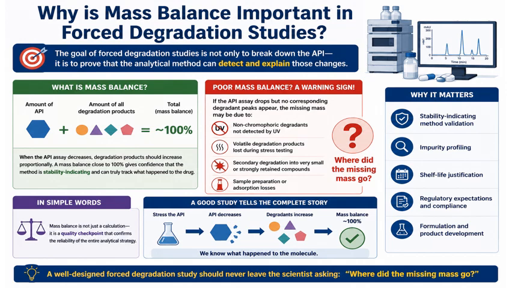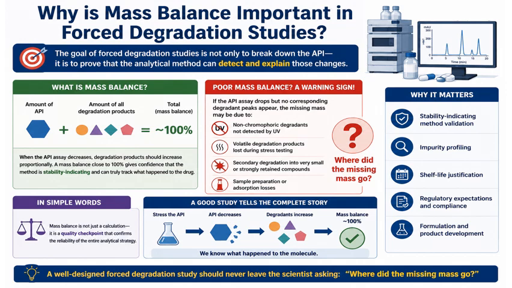For example, you have added 100% API, you got 95% of the API, and you got 4% of the impurities. So what about the 1%?